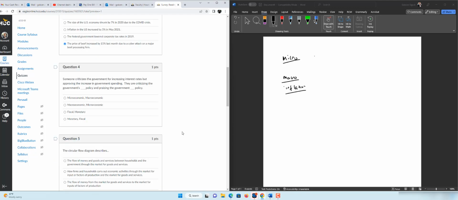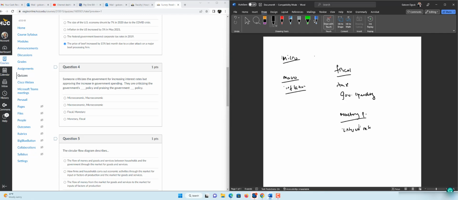Question number 4. This question is about understanding fiscal and monetary policy. Fiscal policy is the use of tax and government spending. And monetary policy, which we will learn in detail, is the use of interest rates and the amount of money supply in the economy to deal with recessions and inflationary periods.